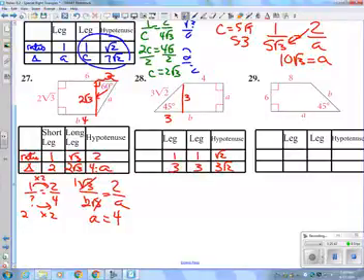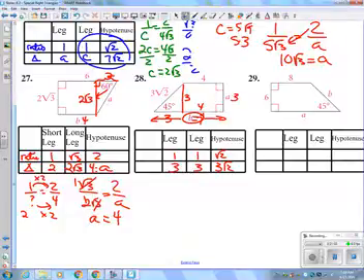So these are both 3. If that's 3, then this whole length here would have to be 7, because 3 plus this piece here for 4 makes 7. And then this over here would have to be 3.